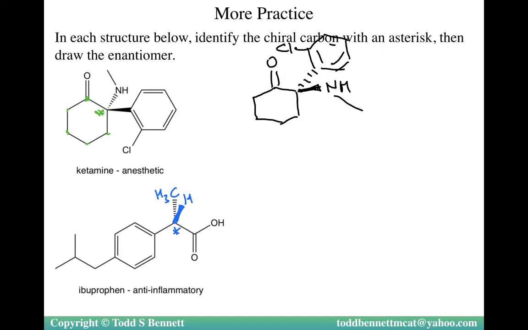So I'm going to draw my benzene ring. I'm going to add this group. And then bring this one over here. And this time, I'm going to put the CH3 in front and the H in back. So the enantiomer, 1 chiral center changes.